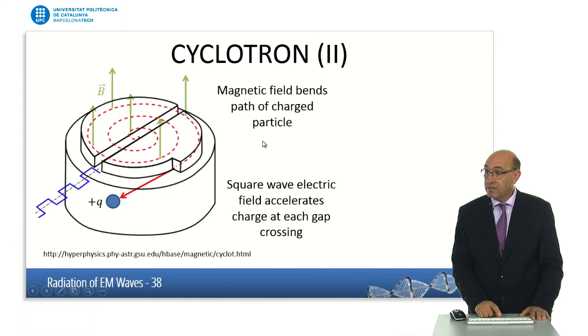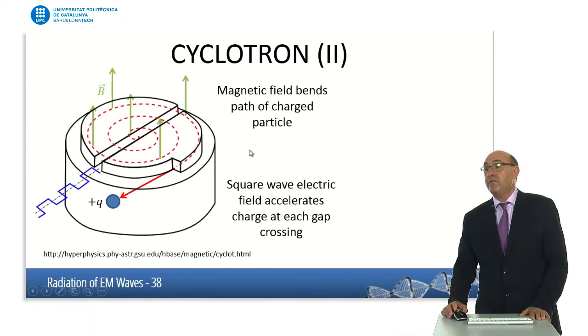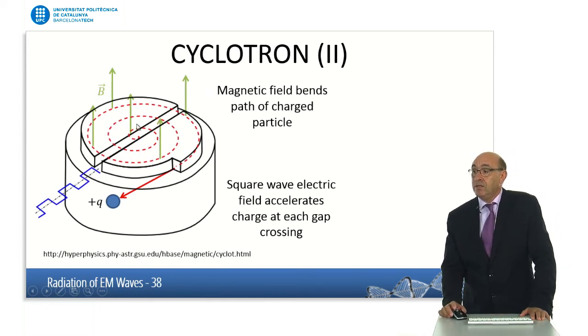And this is just the simple drawing you have here. It goes along this path, and at each crossing, the voltage, which is just this waveform, keeps accelerating the charge until it has enough velocity to be launched away.